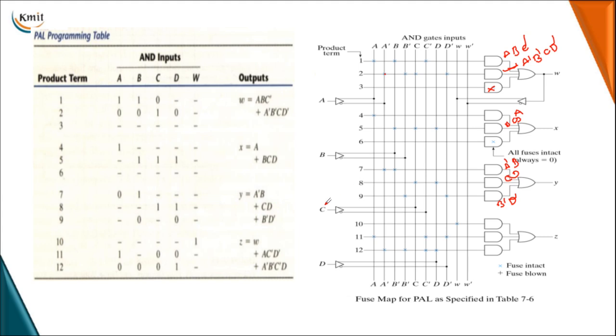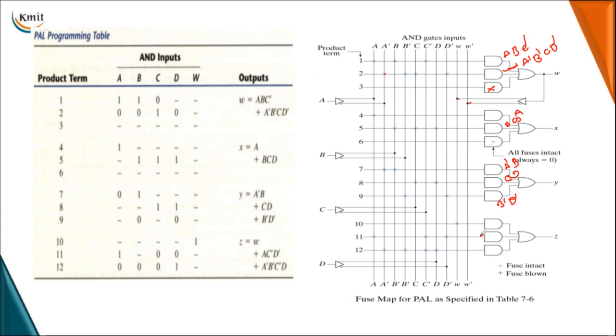In the same manner, Z is equal to four product terms. Instead of connecting four product terms, as we already have the function W, that function W is also transferred with the buffer. Here the ninth line is D, and W bar is the tenth vertical line.